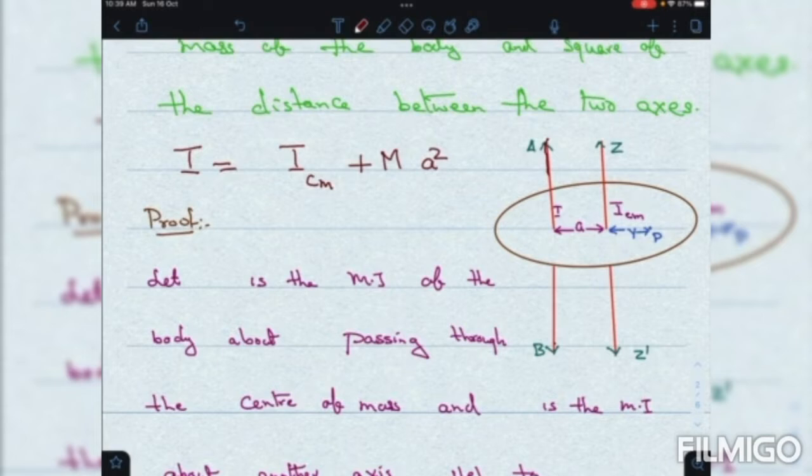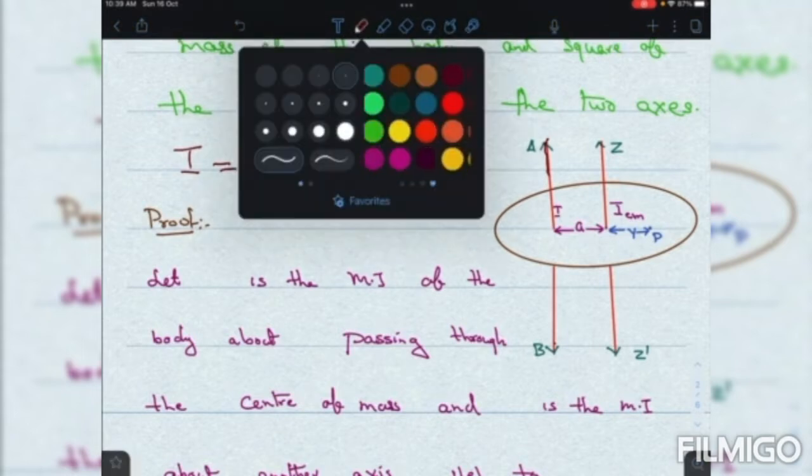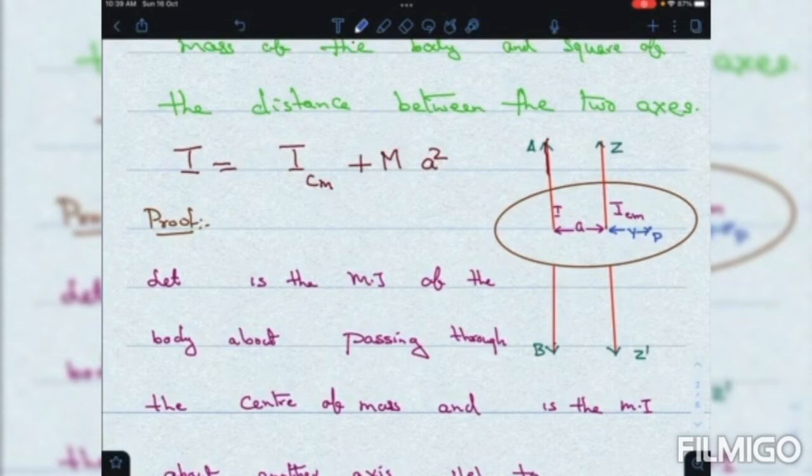For that we are going to consider certain things. Now you can see that I have two axes. One is Z prime, an axis passing through the center of mass, and the moment of inertia I have given as ICM.